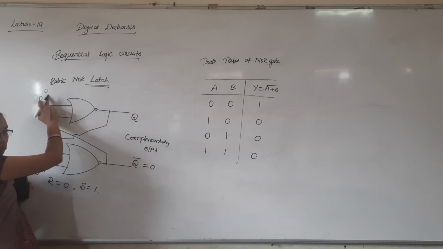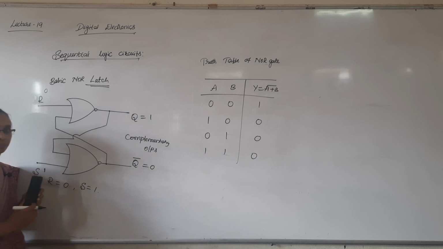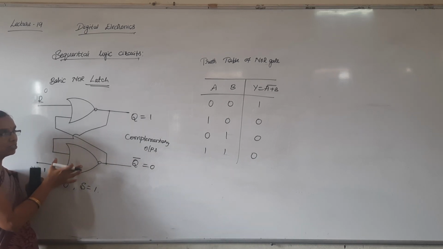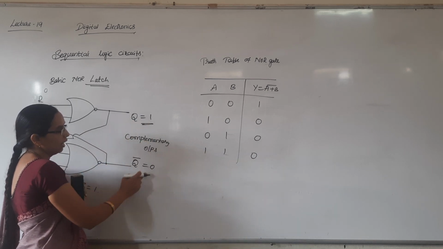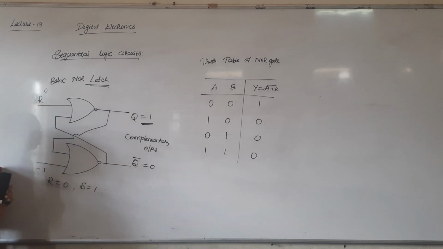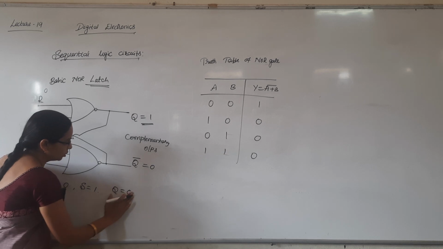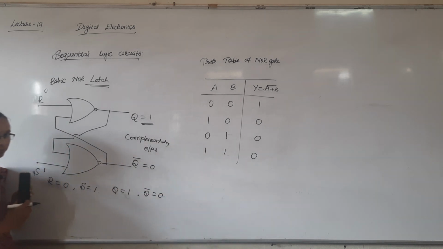With 0 and 0 as inputs to the other gate, the output will be 1. So this circuit can latch the information of 1 and 0: Q is equal to 1 and Q bar is equal to 0.